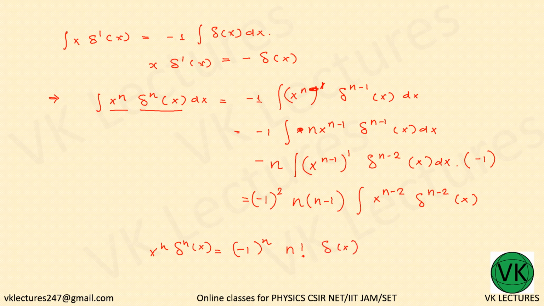So whenever you have x to the power n delta n of x in the integral, you can include minus 1 to the power n factorial into delta of x.